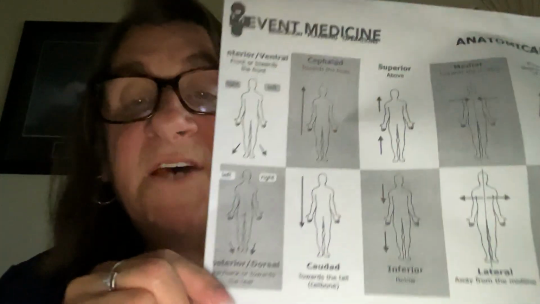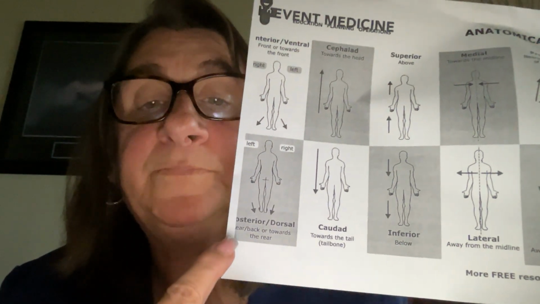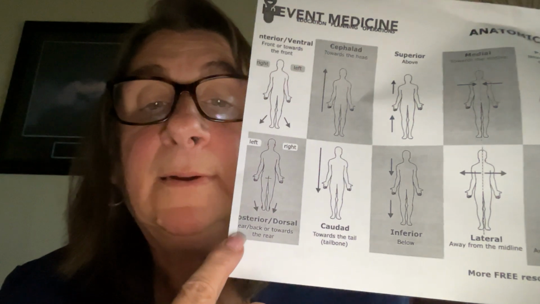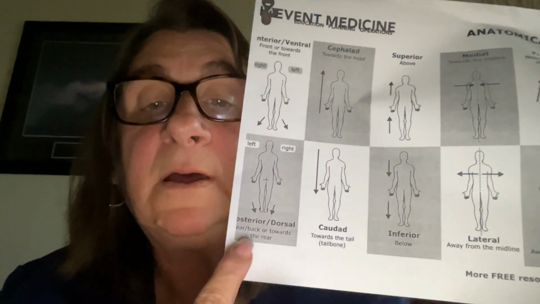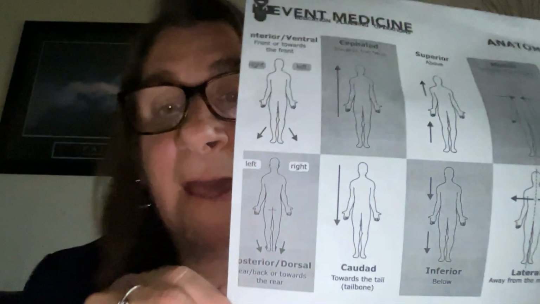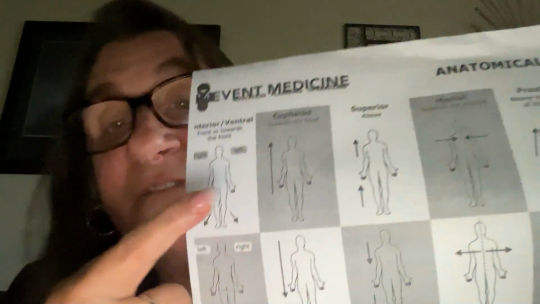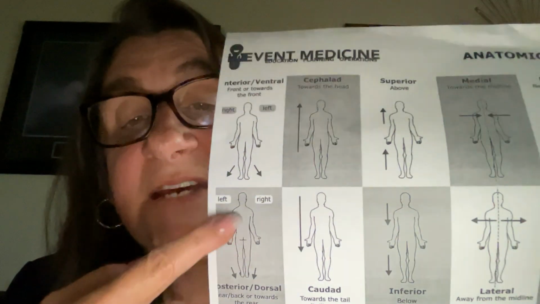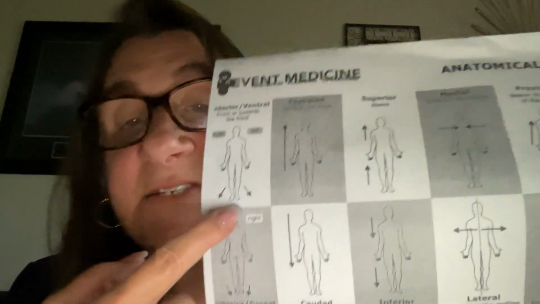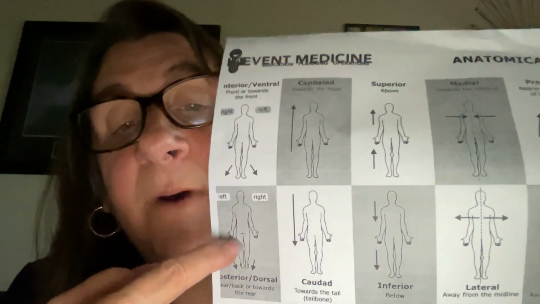This one, dorsal or posterior, back or towards the back, towards the rear of the body. Posterior, dorsal, anterior, ventral. We've turned him around now, okay? This is the back of the body. Front of the body, back of the body.